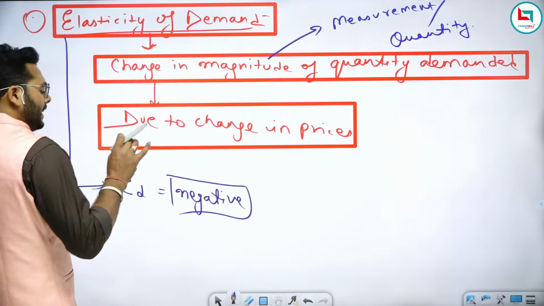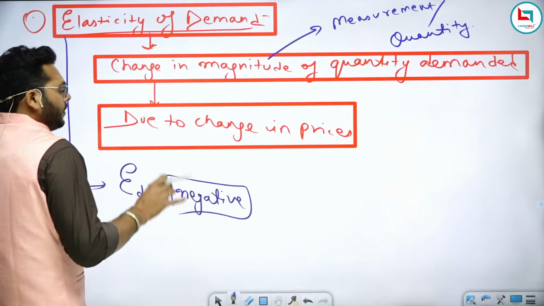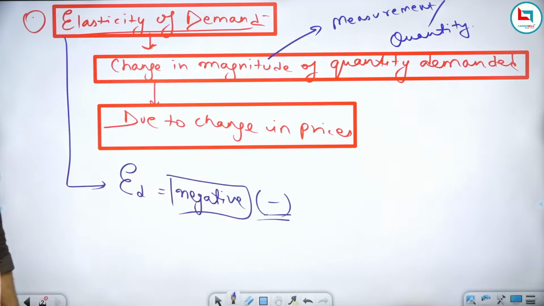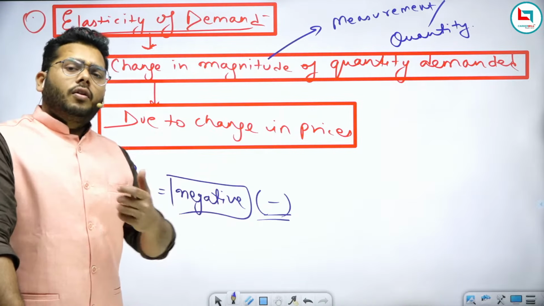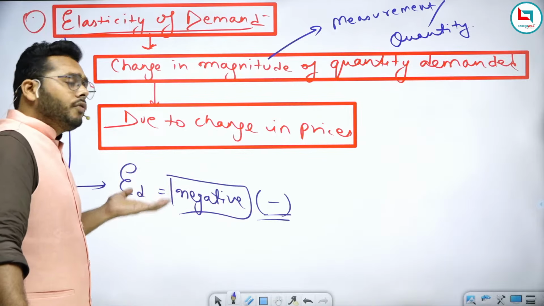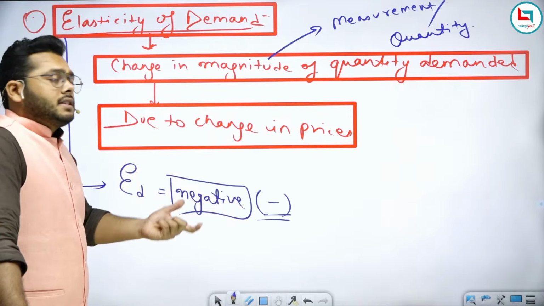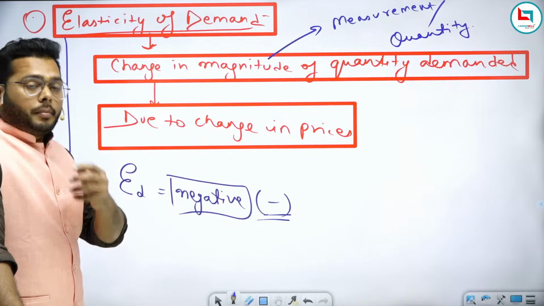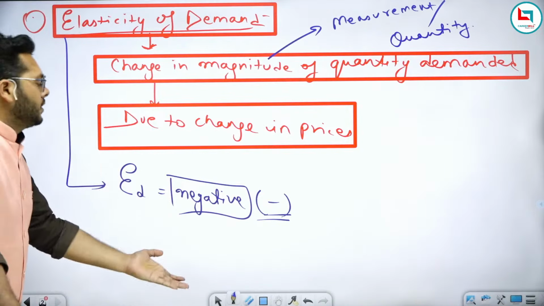You will always get the final answer of ED, elasticity of demand, in negative form. Now you will have a question in your mind, sir, why are we always getting this negative form of ED? Why will the final answer always be negative?